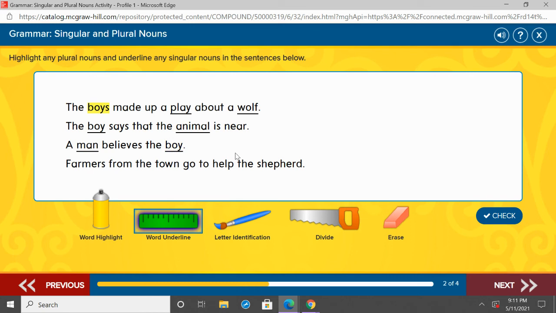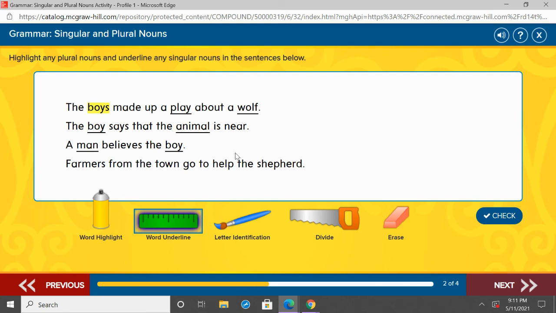All right, we have our last sentence we're going to practice. Follow along as I read it out loud. Farmers from the town go to help the shepherd. I want you to go ahead and point to the nouns that you see in the sentence. So you should have pointed to farmers, town, and shepherd. All right, do we have any plural nouns in this sentence?